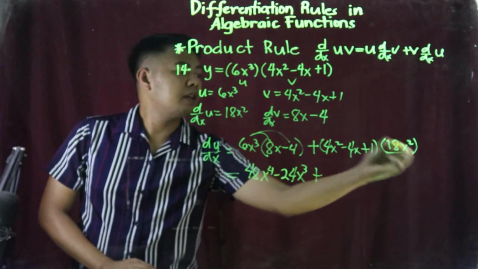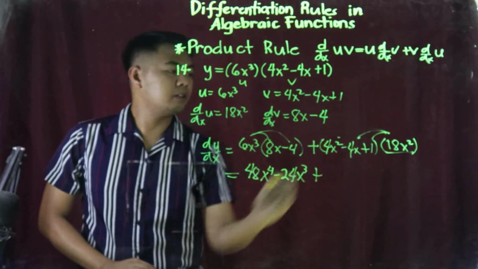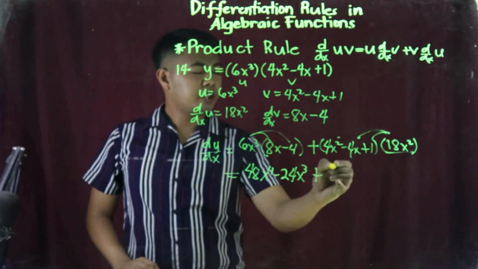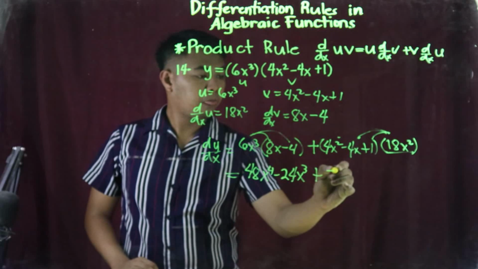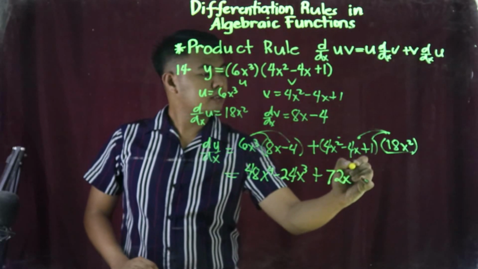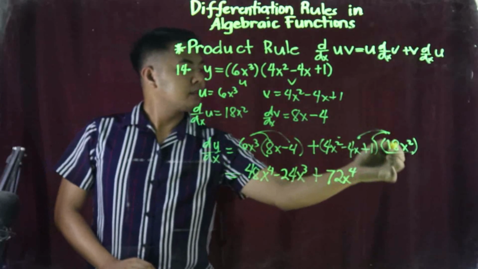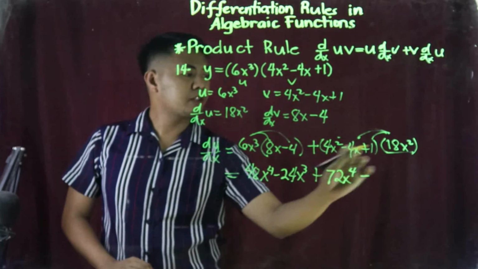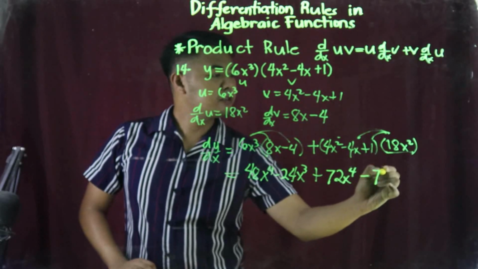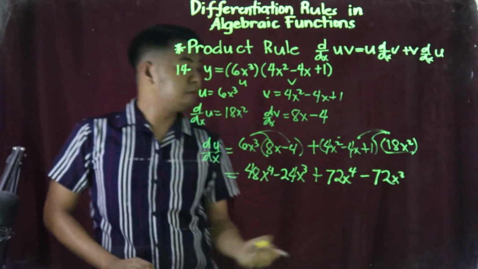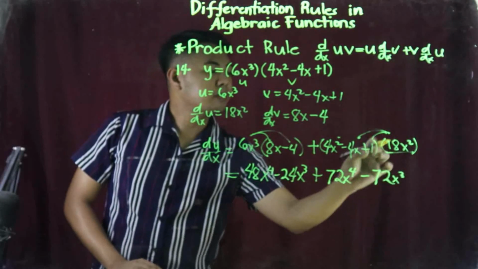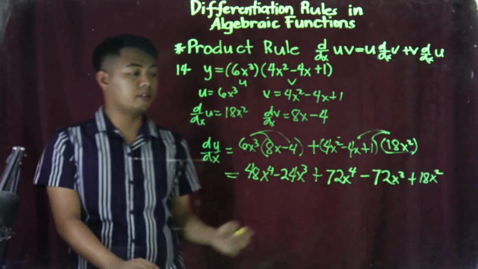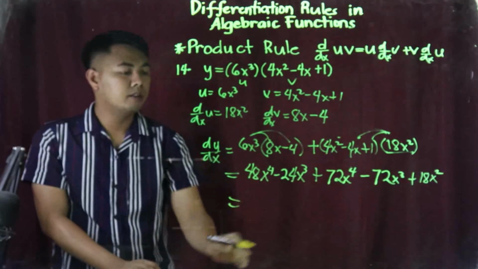Plus, distribute 18x squared to the quantity, so 18x squared times 4x squared is 72x raised to 4. 18x squared times negative 4x, that will become negative 4 times 18, 72x cubed. Then 18x squared times 1, that is 18x squared.